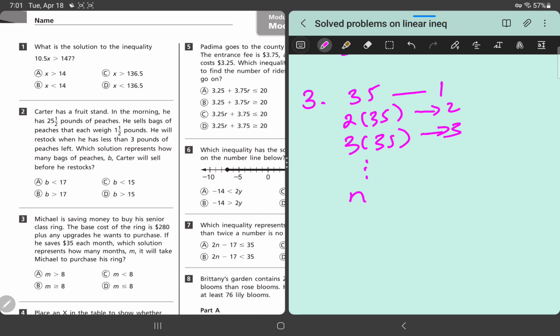Then m times $35 for what? For m months. So how much is he required to save? The base is 280 plus the increment, so 35 times the number of months he has saved.